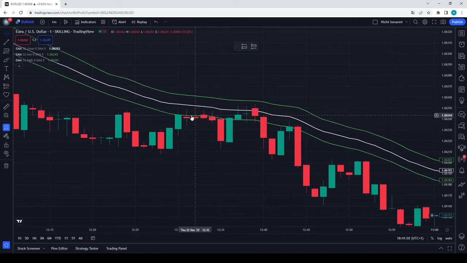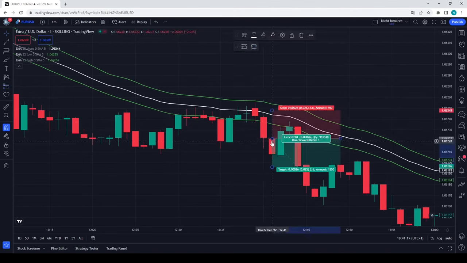But as we are not closing really into the zone over here, we will wait until it happens again. So like here. This is the moment over here where we open the short trade, as this candle is the first red candle closing below the green EMA line.